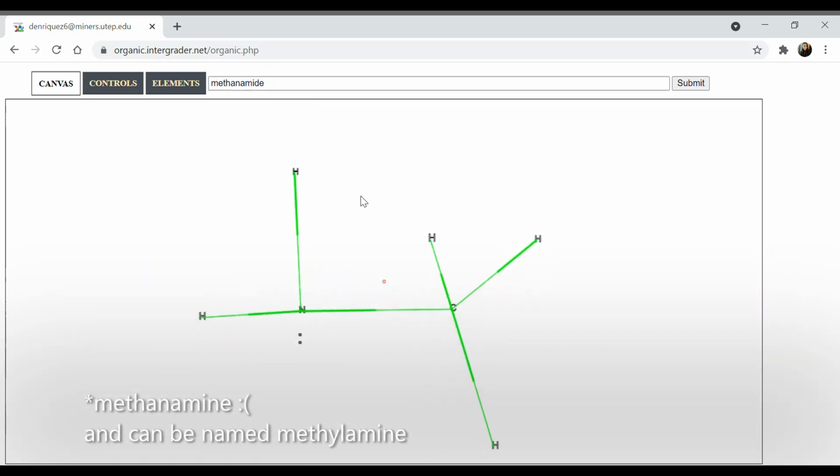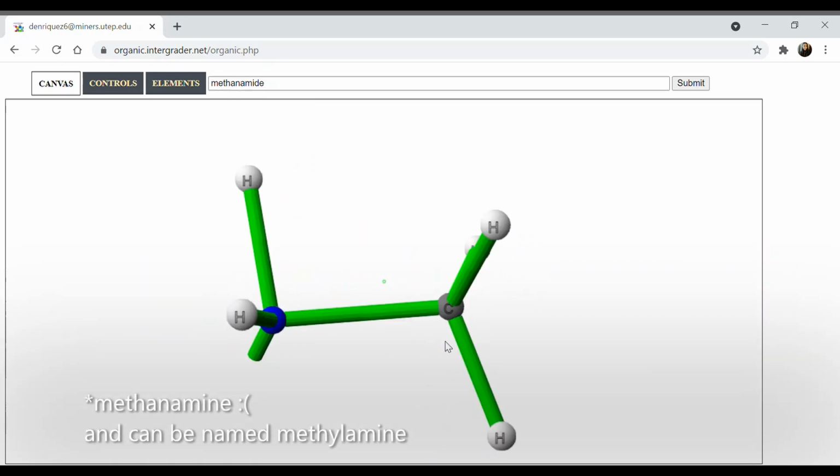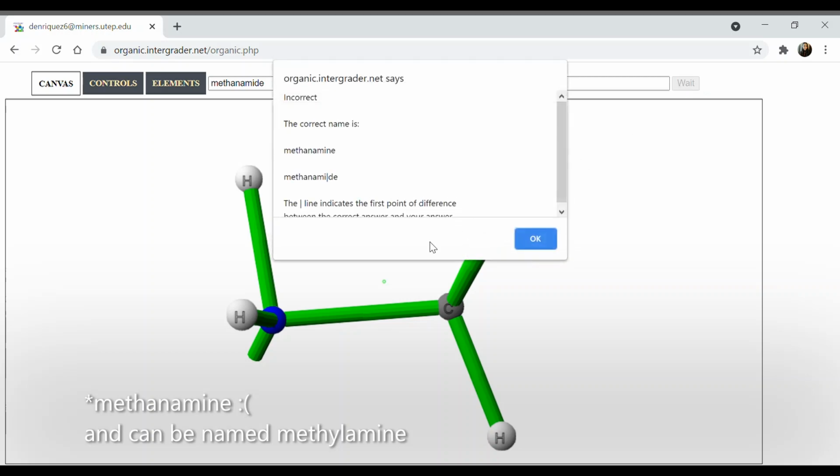So I have my notebook with the different names, some that work, some that don't, but I'm just going to leave it like this because this is tried and true. Methanamide, leave it like that. Okay, I misspelled it in my notes. Methanamine.